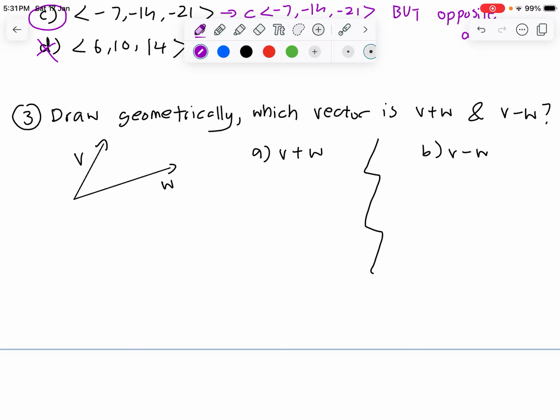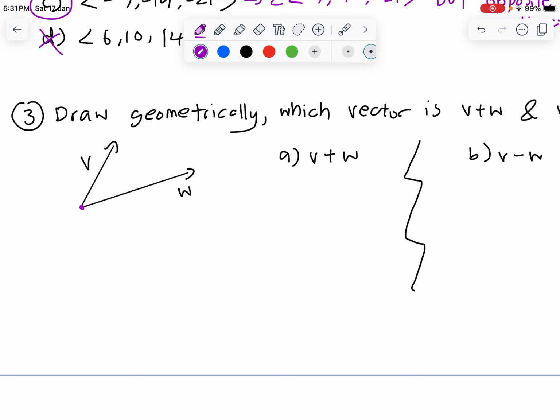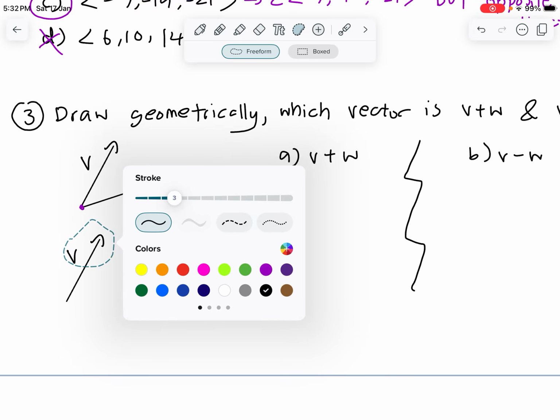So when it comes to adding things, it's very simple. In this case, we have v and w, and they start at the same point. Whenever we want to add two values together, the first value always remains the same. We can keep the v the same, or maybe if it's better, I could just copy this so that it's exactly the same.